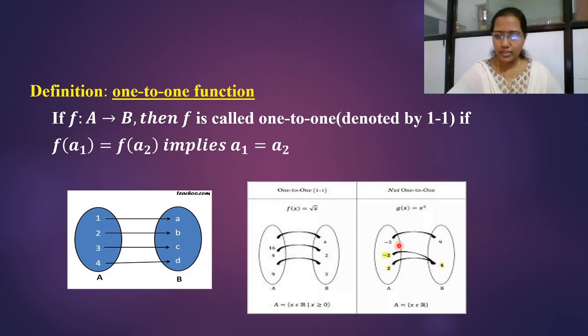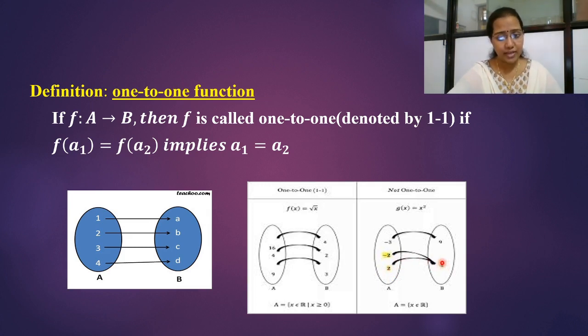Now look at the function g of x is equal to x square. Here the domain is x belongs to R, the set of all real numbers. So minus 3 squared is 9, minus 2 squared is 4, and 2 squared is also 4. So minus 2 maps to 4, and 2 maps to 4.